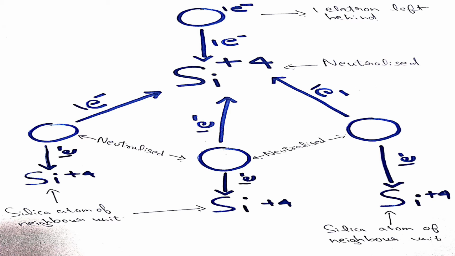From the following diagram, it is clear that the silica atom in one silica unit is neutralized by accepting 1 electron each from 4 oxygen atoms, and also the bottom 3 oxygen are neutralized by donating 2 electrons, that is 1 electron each to the attached silica. But notice that the oxygen which is present at the apex still has 1 negative charge left.